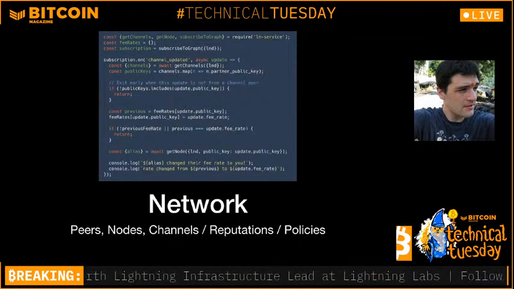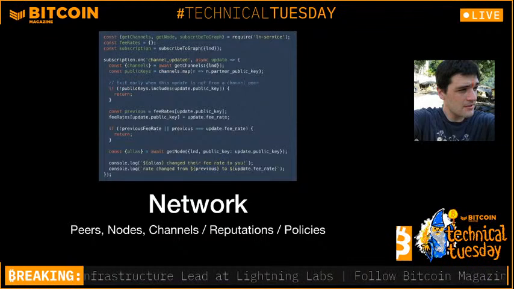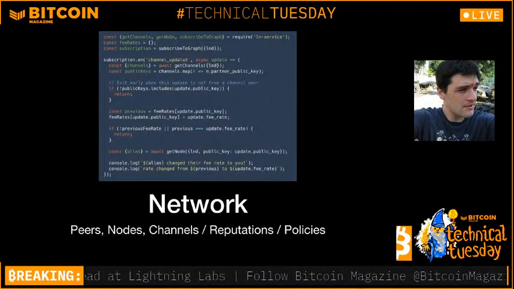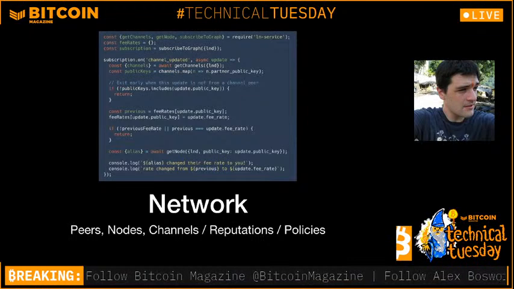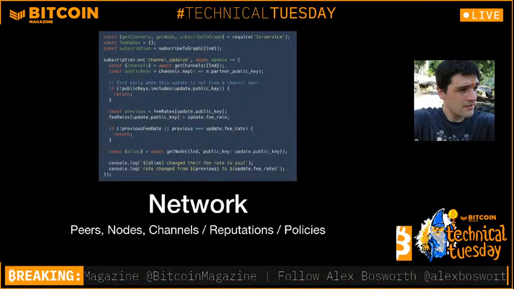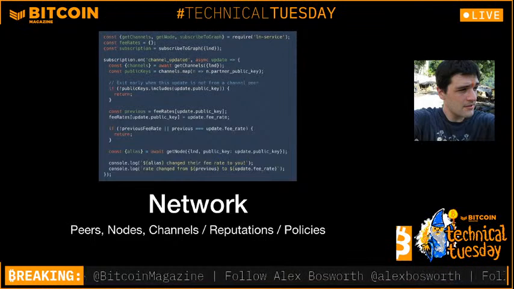But let's say I hear about an update to a channel policy that affects me, that this is a peer who is one of my peers, and they're changing the fee rate to me. So in that case, at the end of this function, I'm going to send out an alert to whoever's running this, and I'm going to say, hey, look, one of your peers.